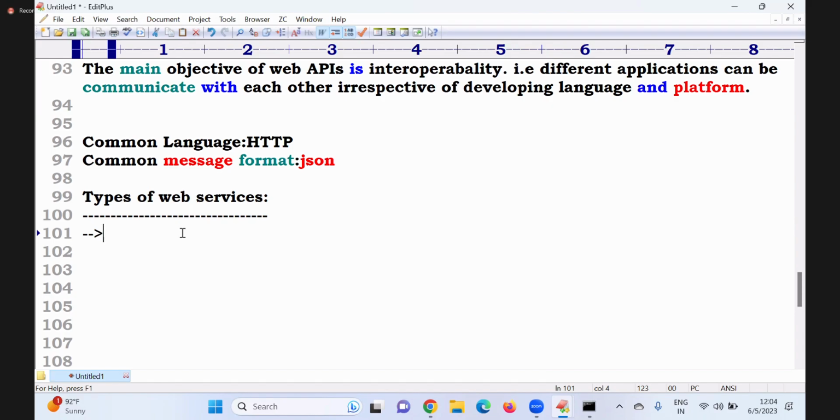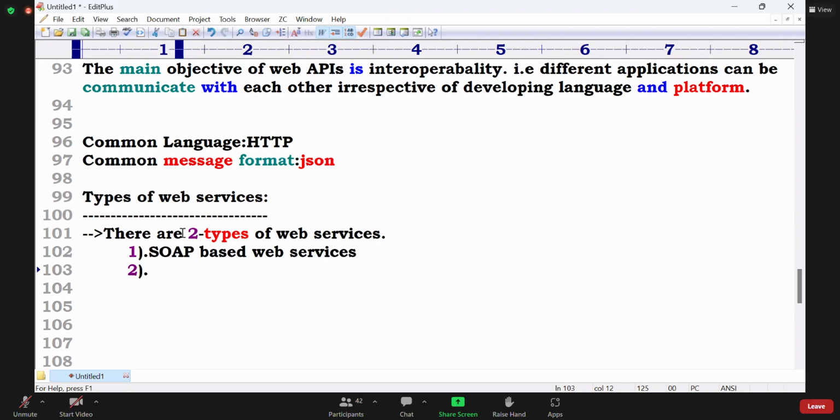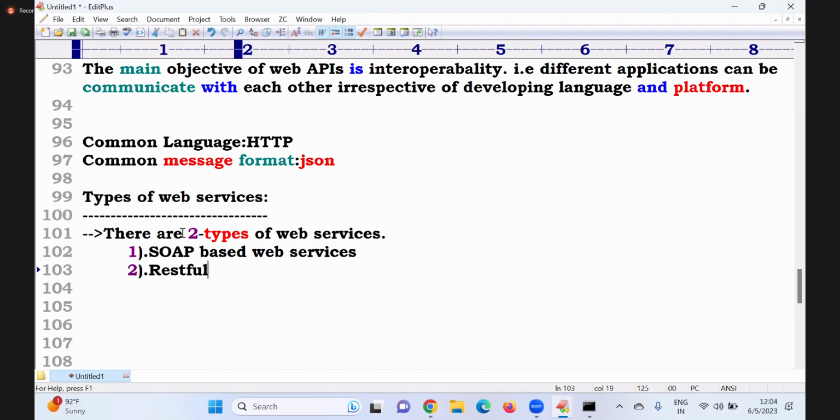World Wide Web, www. Observe carefully, don't confuse it. There are only 2 types of web services. What are they? SOAP-based web services and RESTful web services.